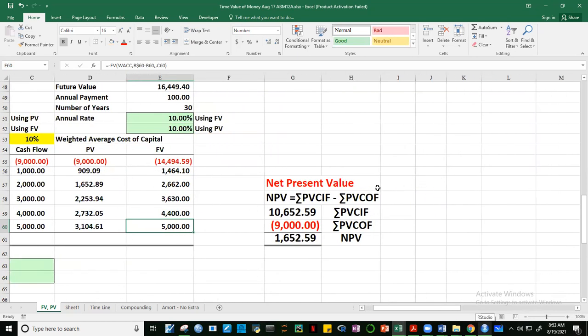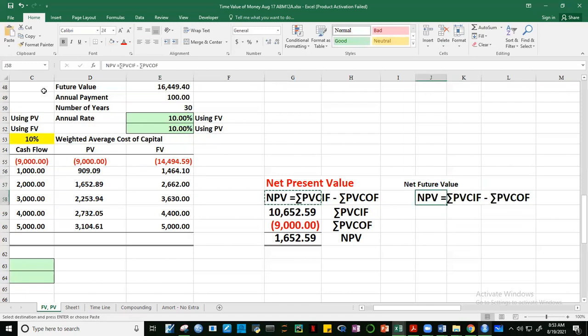Okay, so pwede natin kunin yung net future value, which is the future value of your cash inflows. Parang pareho lang siya nito, guys. Net future value. So this is the, so magiging NFV, net future value to.